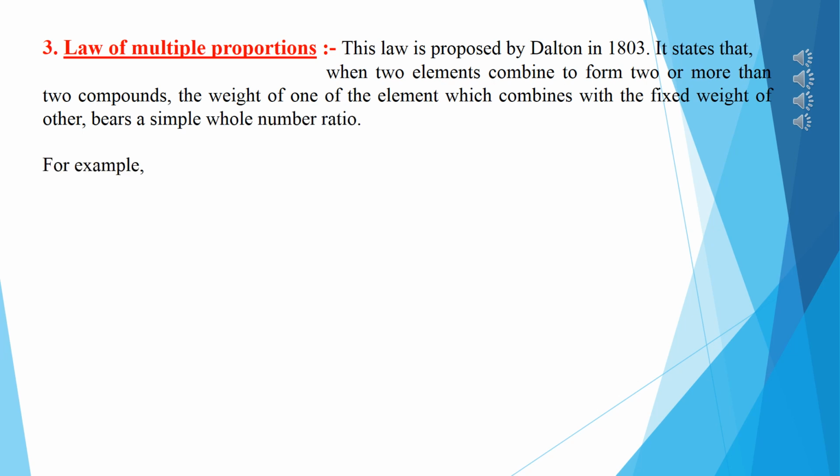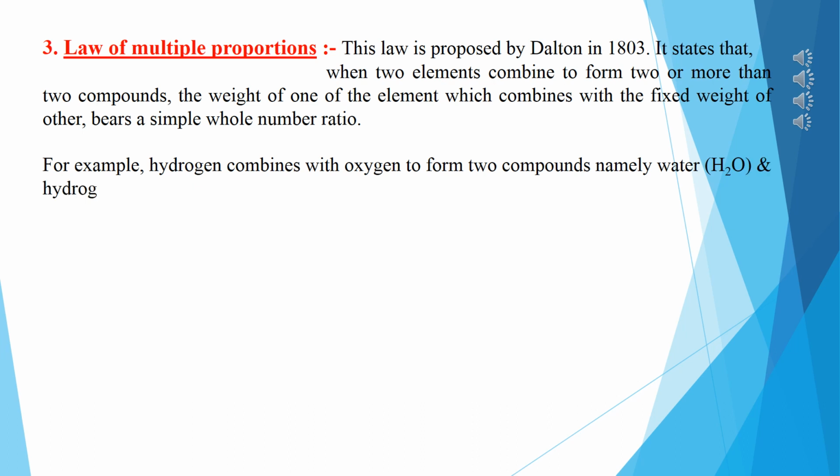For example, hydrogen combines with oxygen to form two compounds, namely water, that is H2O, and hydrogen peroxide, that is H2O2. So, to illustrate this law, first we have to write down the compounds, and then we have to write the number of parts by weight of the elements which combine to form molecules.